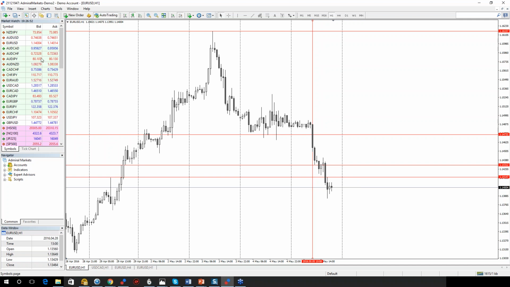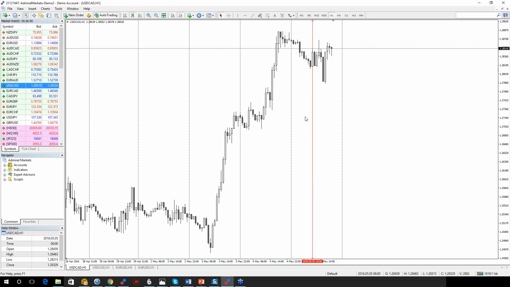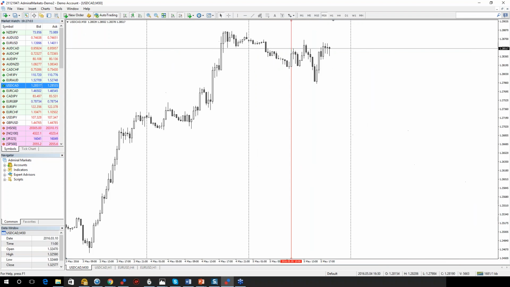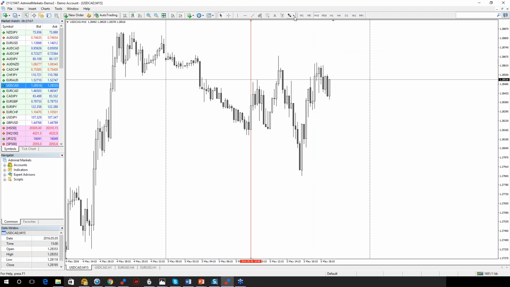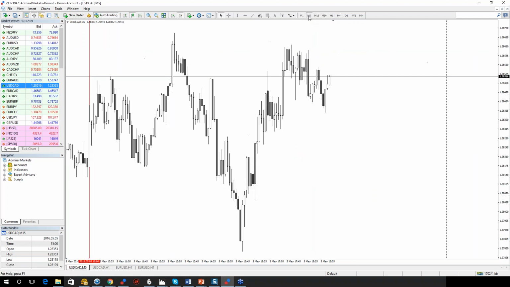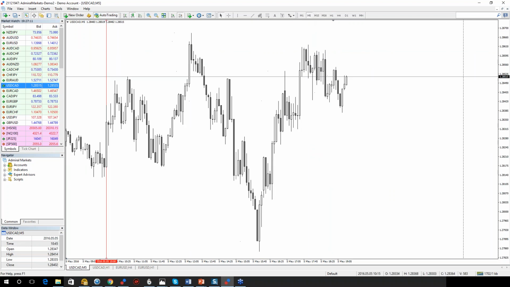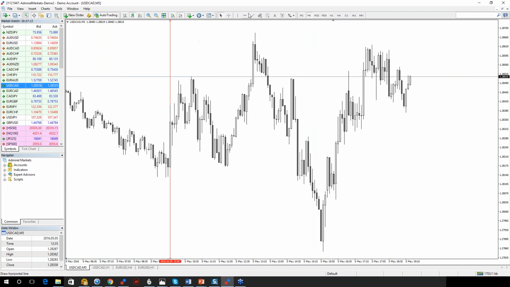Let's use another example. Let's use, I don't know, we can use dollar CAD. Yeah, this is a good example. Bullish price action. Let's see if it was aligned. 30 minutes bullish, 15 minutes bullish, 5 minutes bullish. Great. So we have a long entry here. I will mark this, like 2 pips above this entry.